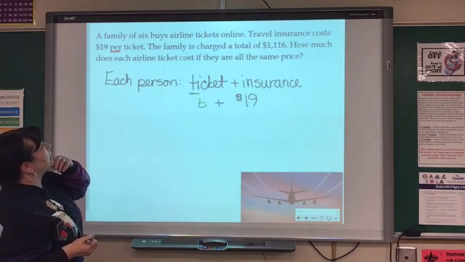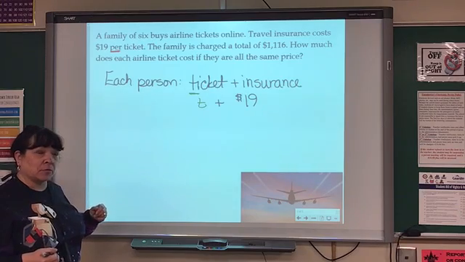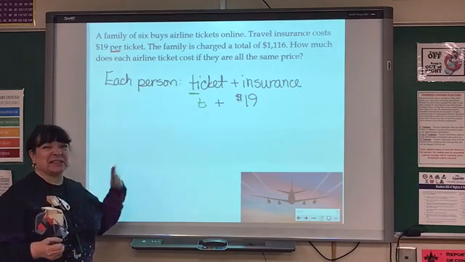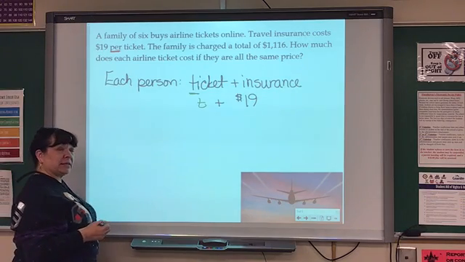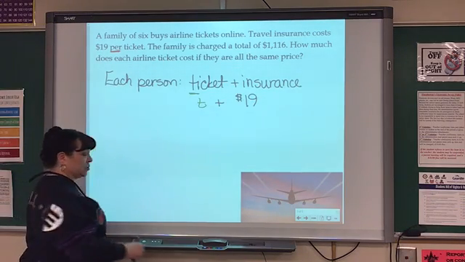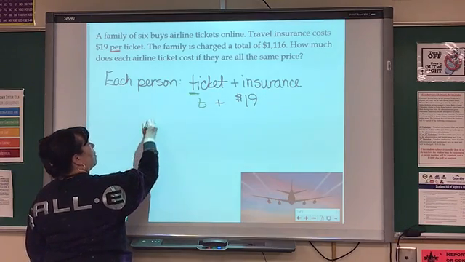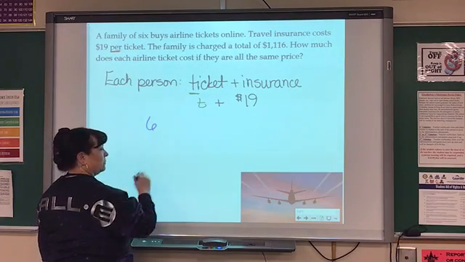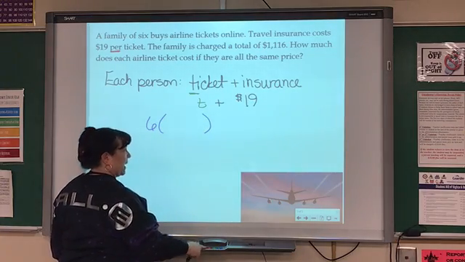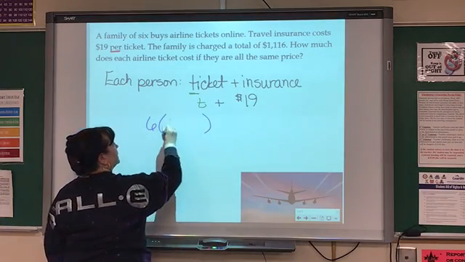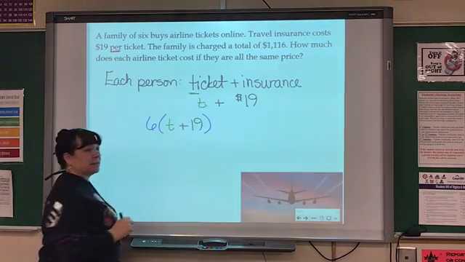I then see that I have the whole family being charged a total amount. Well, I could write this down for each family member, but it'll be much easier because it's repeated addition to instead say, oh, I have 6 family members and each person is going to pay a total of T plus 19.